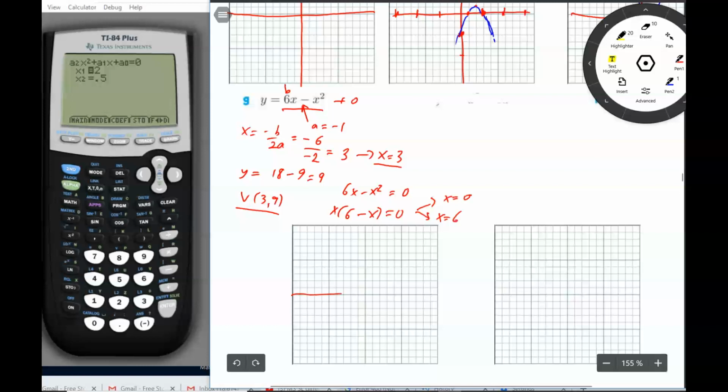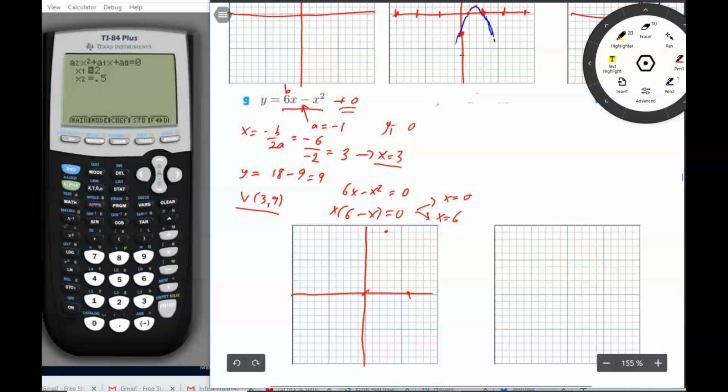So now I'm going to draw the graph of the function using the characteristics we have found. The vertex is (3, 9), and the x-intercepts are 0 and 6, and the y-intercept is 0, of course, because the c value is 0.